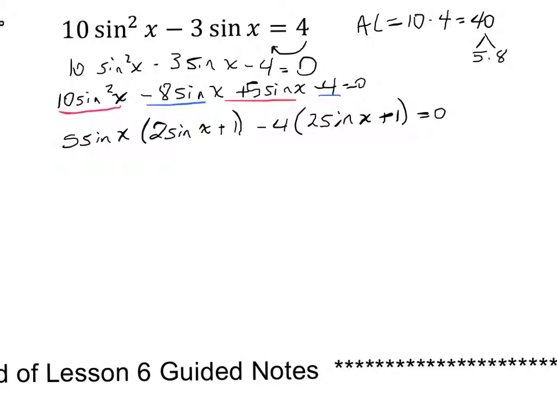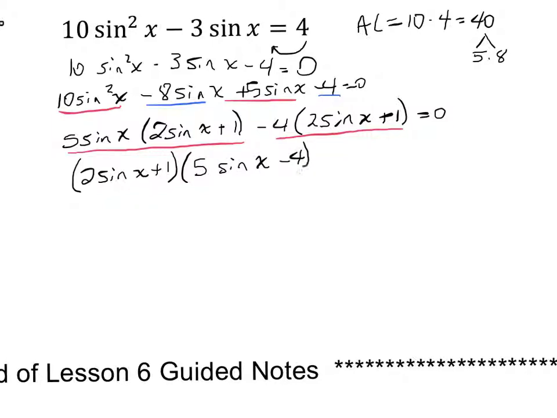Now I have 2 terms, and I have to figure out what each of these has in common. Well, they clearly have a 2 sine x plus 1 in common. When I divide that out of each term, I'm left with 5 sine x minus 4 equals 0.